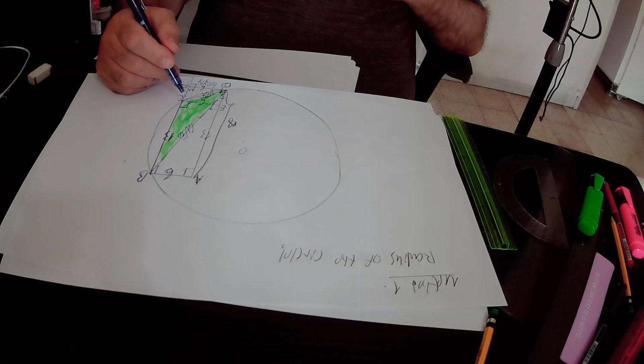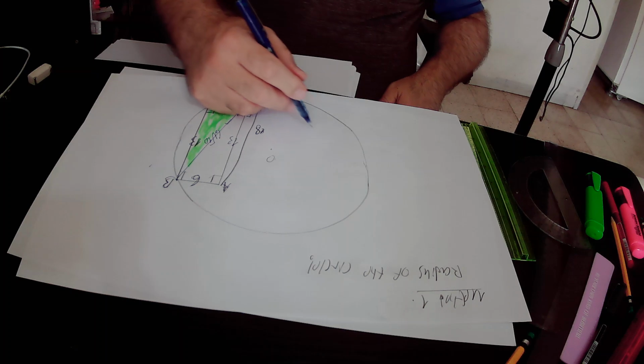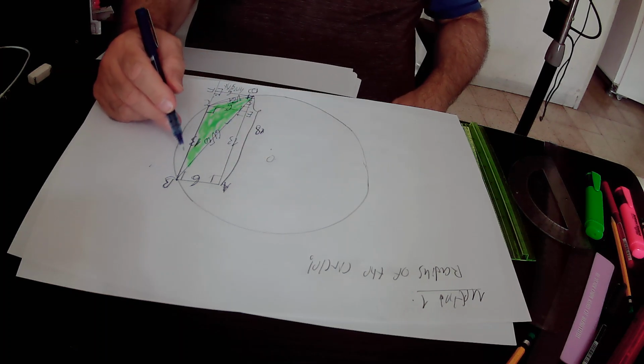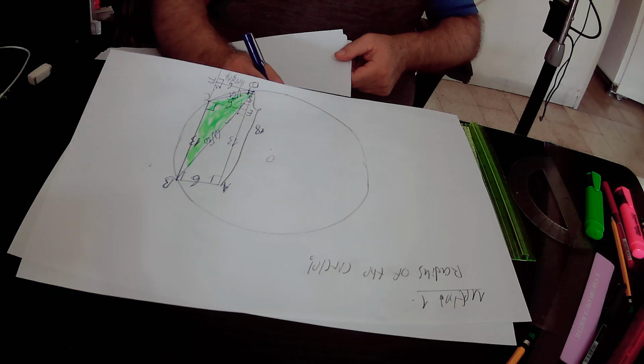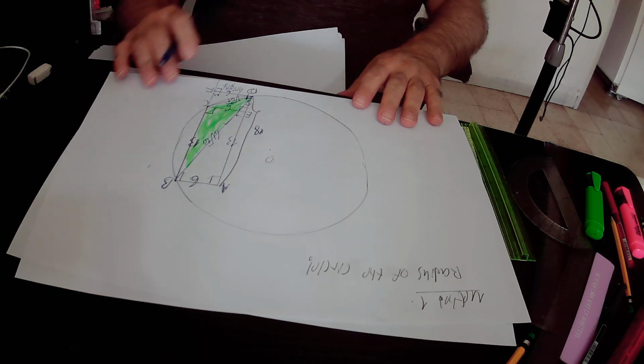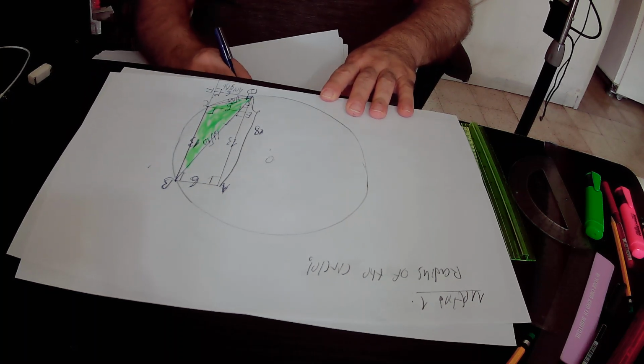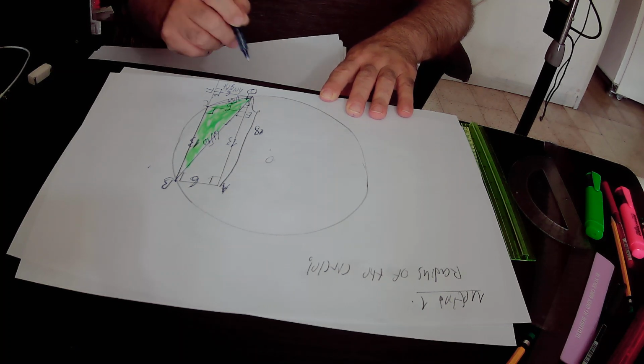In our drawing, this circle blocks triangle BCD. I'll write it down. The green triangle, triangle BCD, is blocked by the circle.